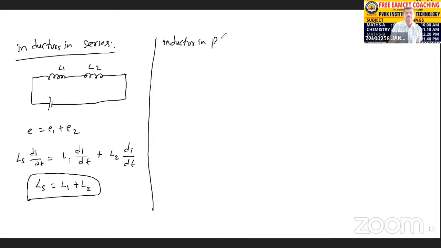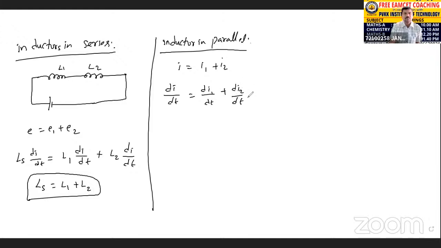Okay, next inductors in parallel. In parallel, I is equal to I1 plus I2. So di by dt is equal to di1 by dt plus di2 by dt.